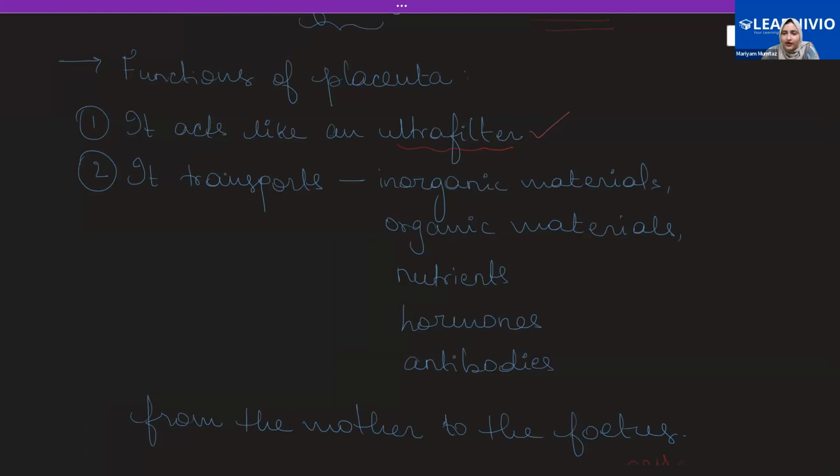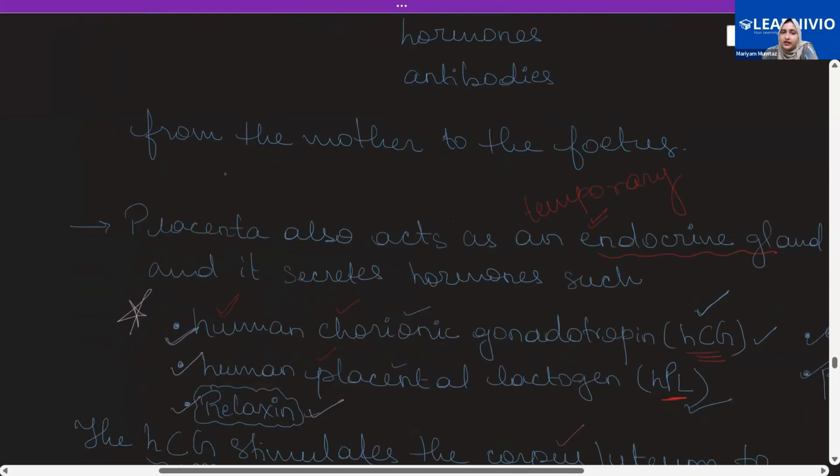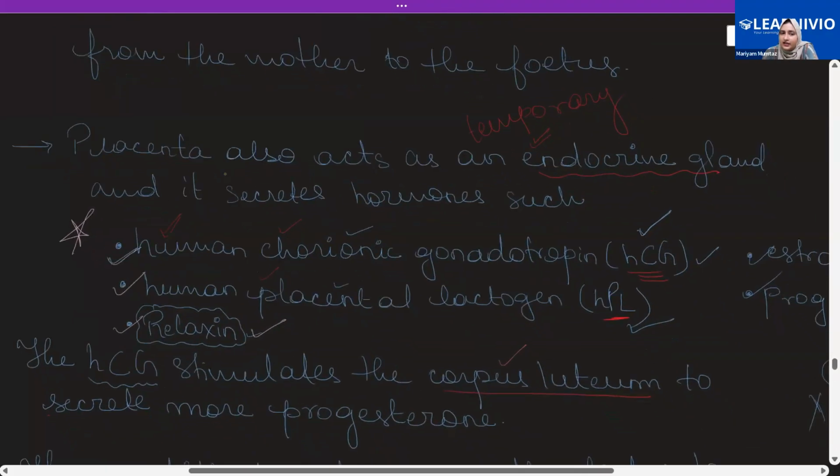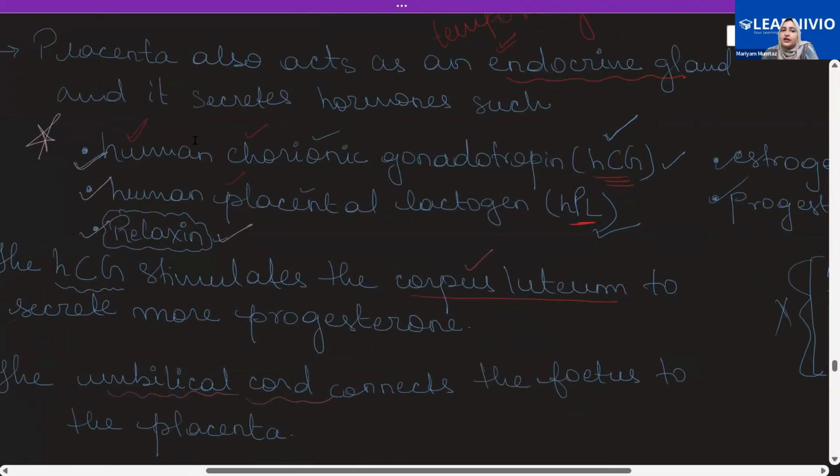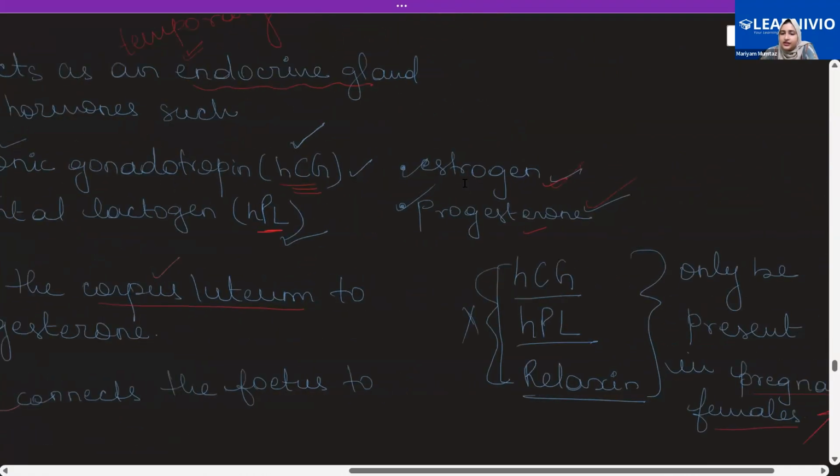the fetus travels through the placenta. The inorganic materials, organic materials, nutrients, hormones, everything gets transported through the placenta from the mother to the fetus. It acts like a temporary endocrine gland because it secretes hormones such as human chorionic gonadotrophin, HCG, human placental lactogen, HPL, relaxin, estrogen, and progesterone.